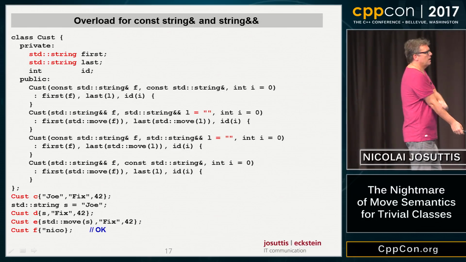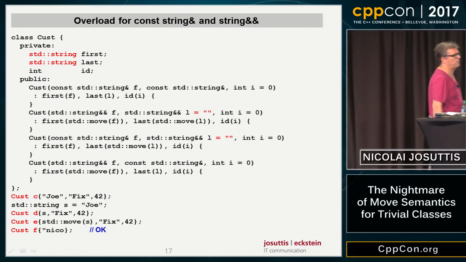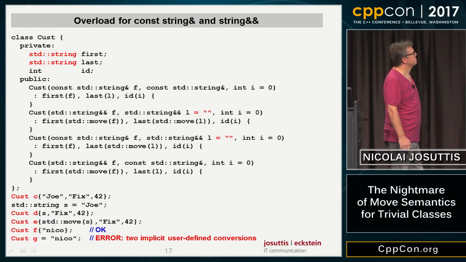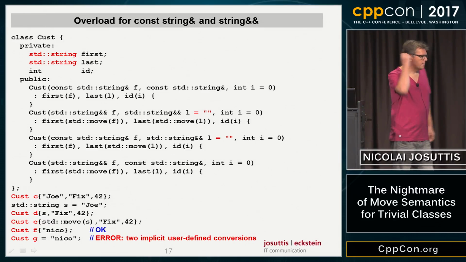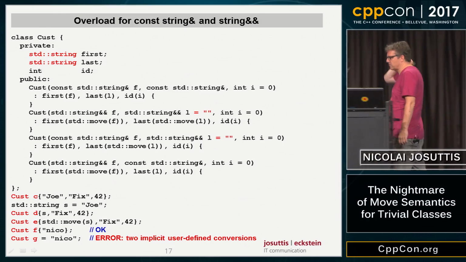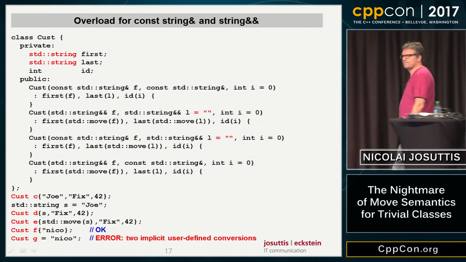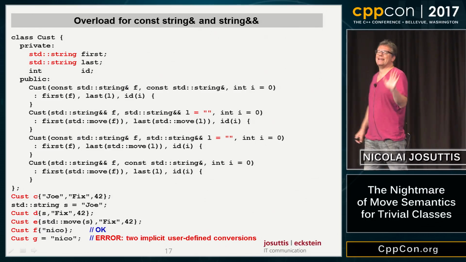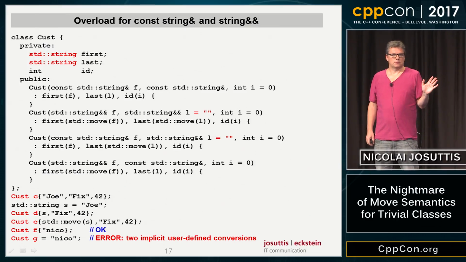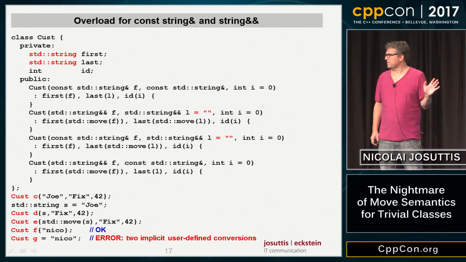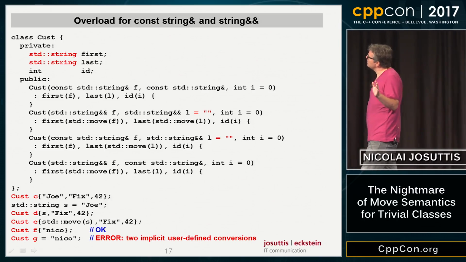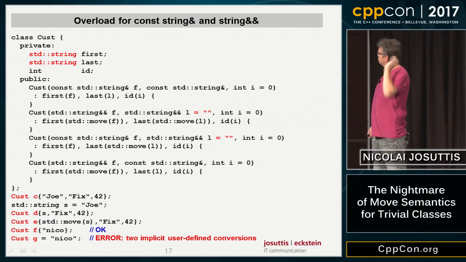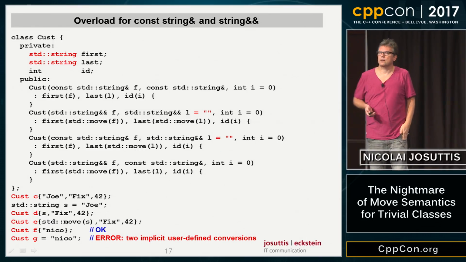Let's, for example, choose the default arguments to be used only when we have R-value references. Let's try out something different. Let's use copy initialization. This does not compile, and by the way, it never compiled in any of the versions I showed you, which is surprising. I create a customer that can take a string, and I pass a string literal, and it doesn't work.